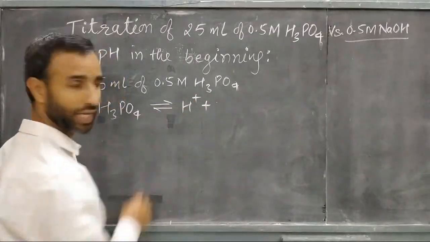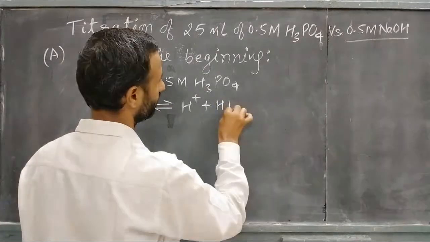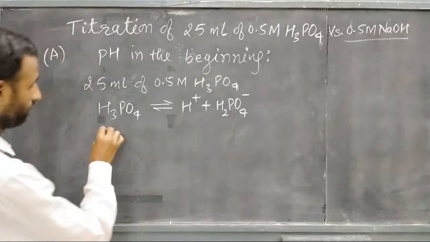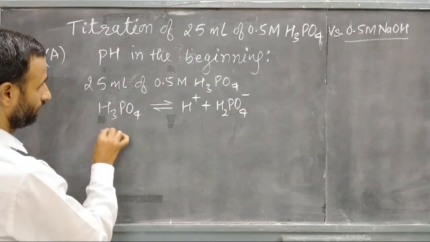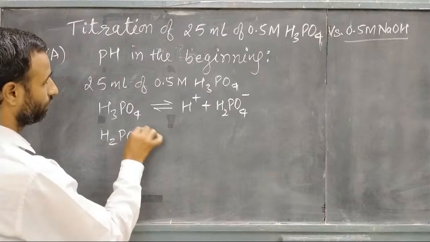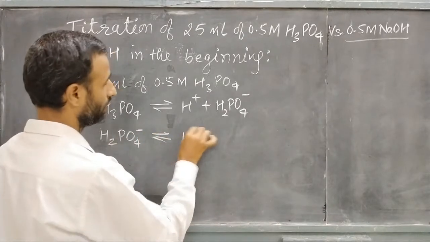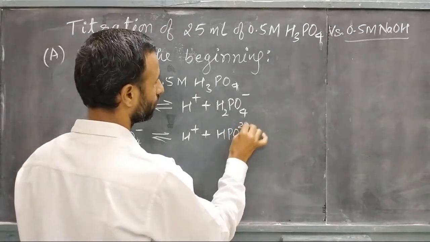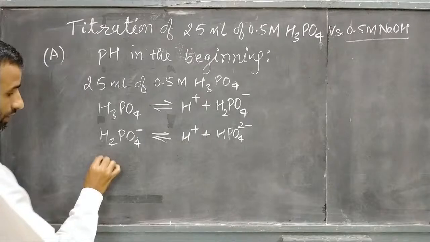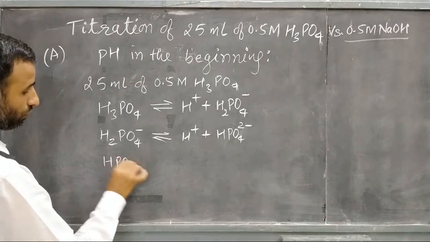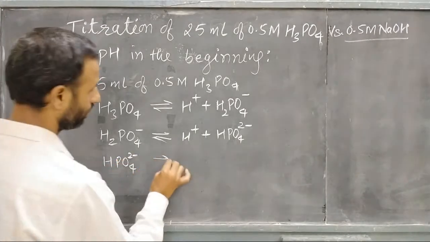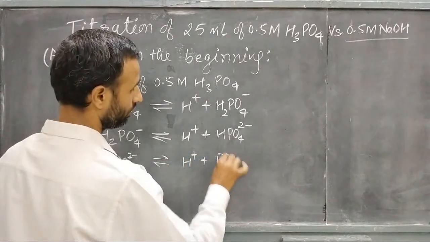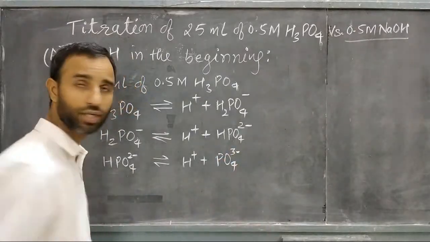So in phosphoric acid we have H plus and H2PO4 negative, and H2PO4 negative gives H plus and HPO4 2 negative, and HPO4 2 negative gives H plus and PO4 3 negative.